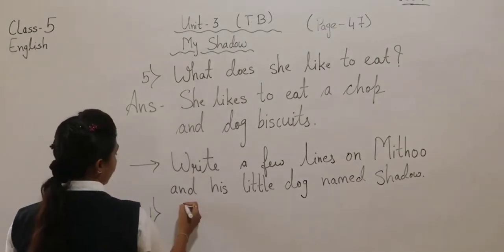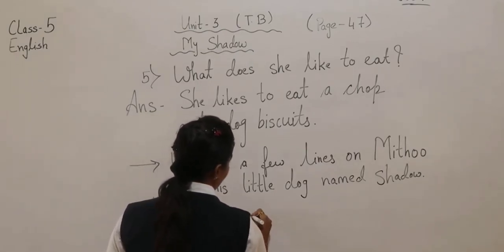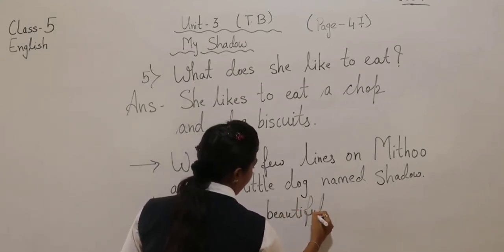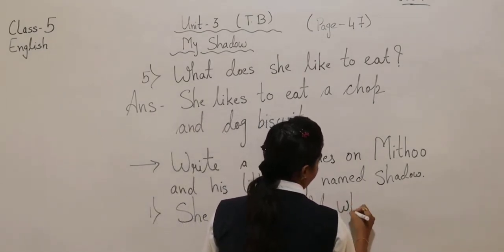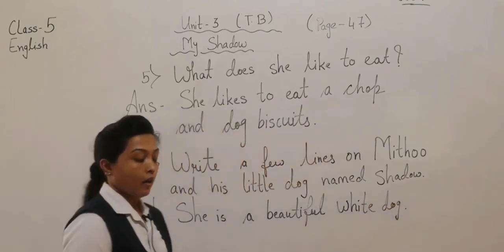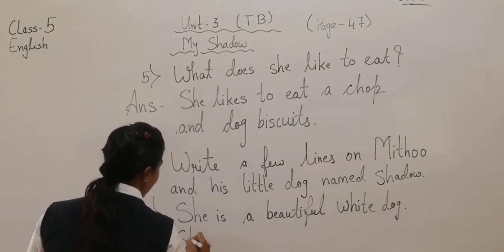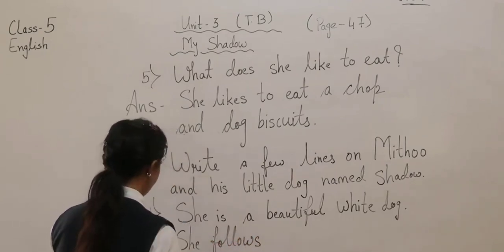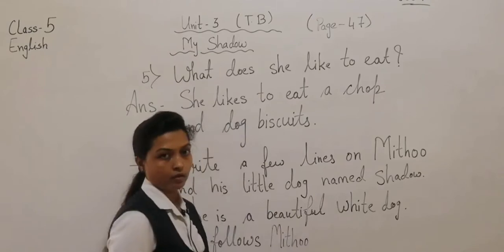So first sentence, she is a beautiful white dog, or we can say a grey dog. Okay. Then after two, she follows Mittu. So Mittu is a person.